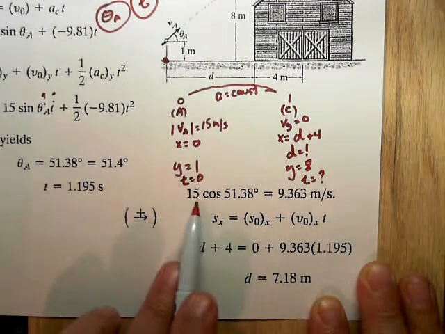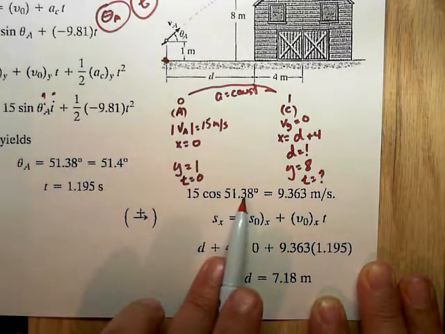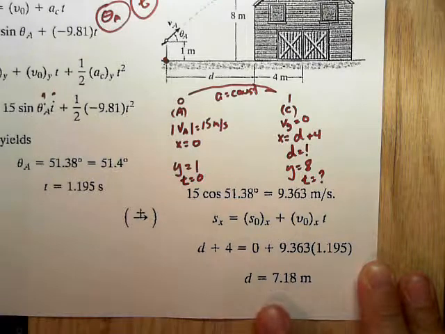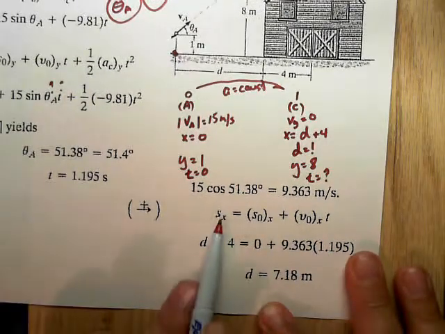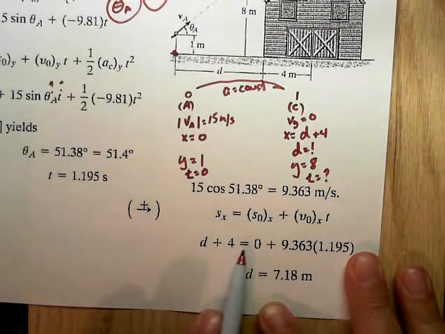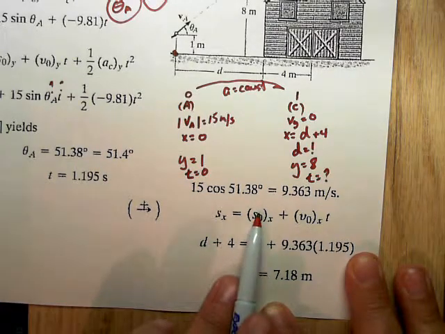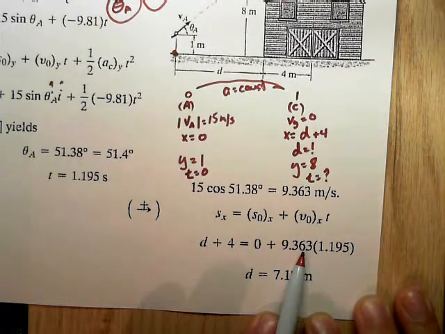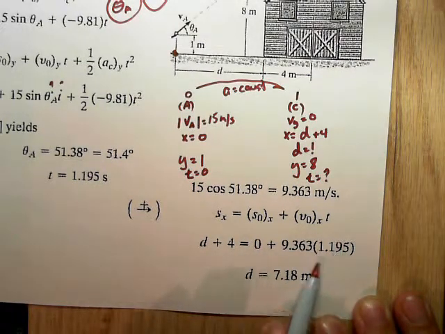Now the speed in the x direction is 15 times the cosine of the angle that we just solved for, 9.363 meters per second. So our final position is d plus 4 in the x direction. Our initial position is 0 in the x direction. Our speed in the x times time.